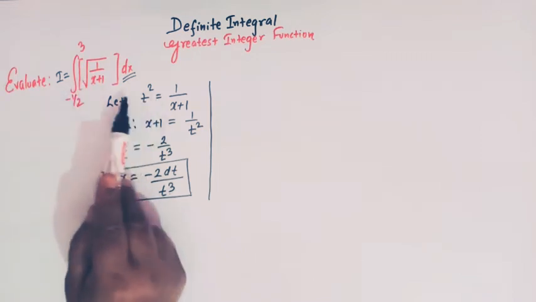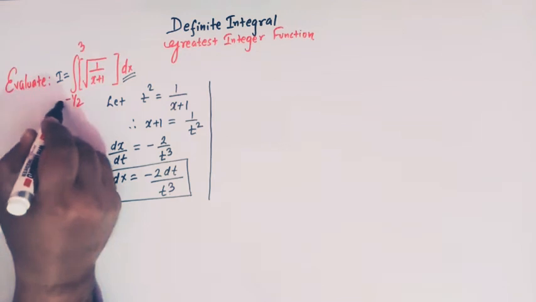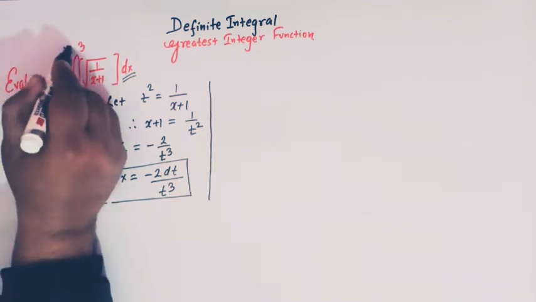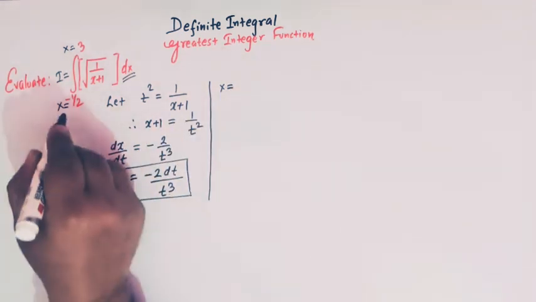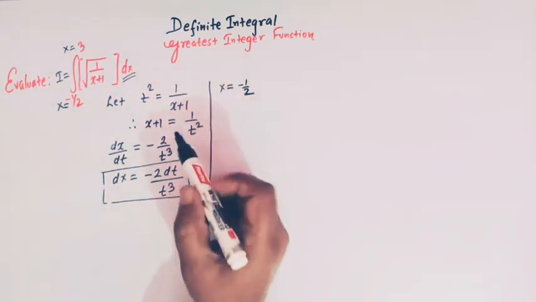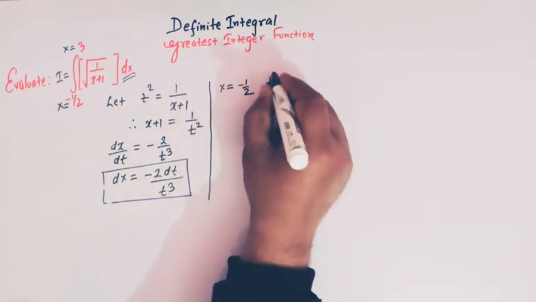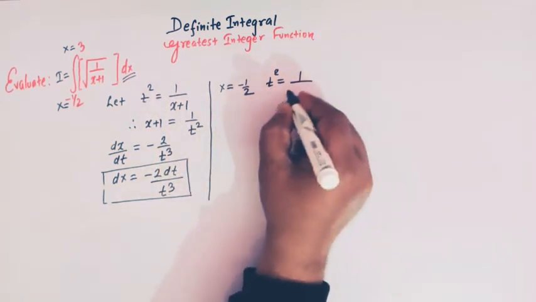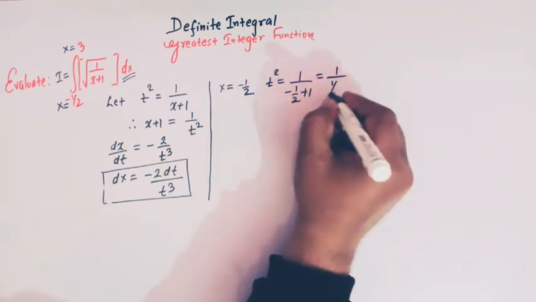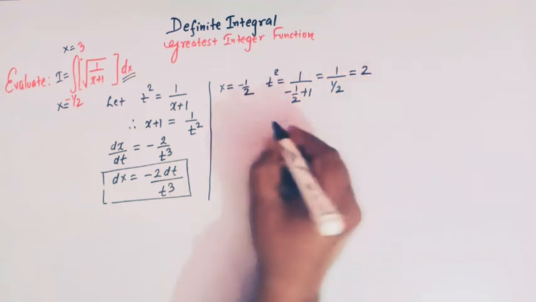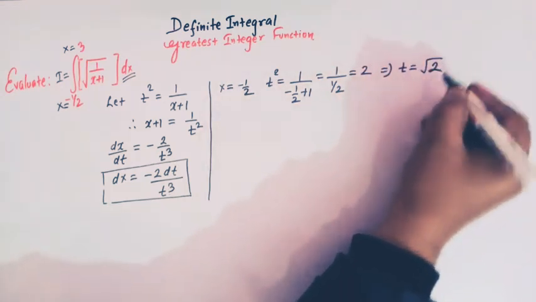Since we are changing the variable x to t, and x varies from minus half to 3, when x is equal to minus half, the value of t can be calculated from this expression. t square is equal to 1 over minus half plus 1, that is 1 over half, that is 2, so t is equal to square root of 2.